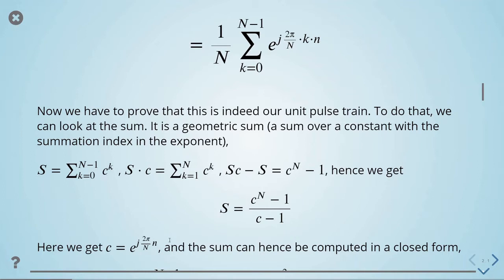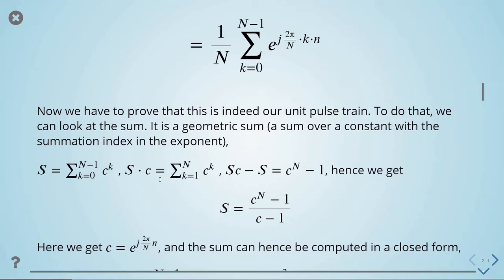So c in this case is equal to e to the power of j 2 pi over capital N times n. So we have the summation from k equals 0 to N minus 1, and we can simply go from 1 to capital N, and then we have this c multiplying here.